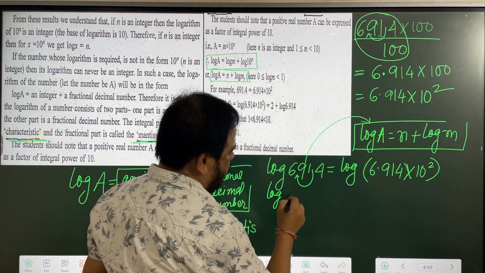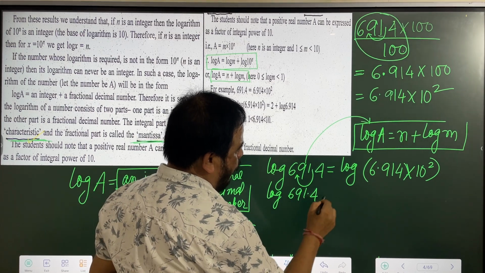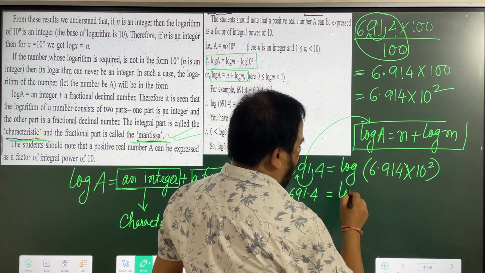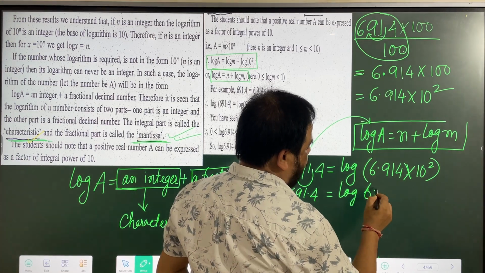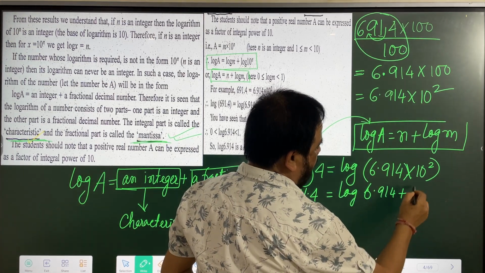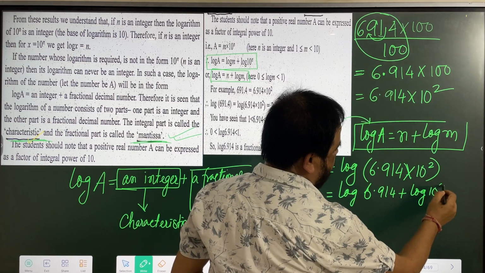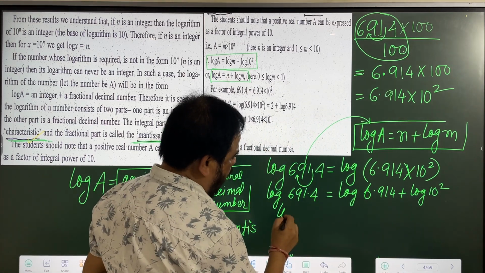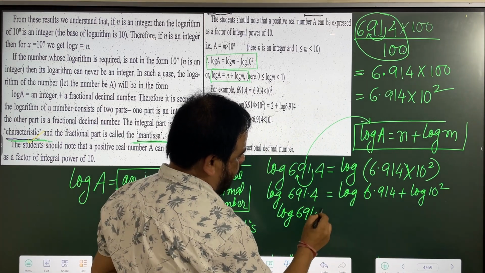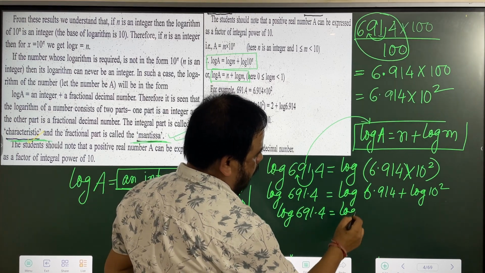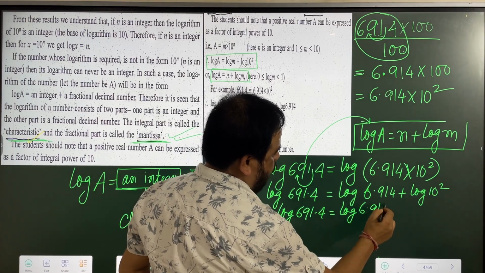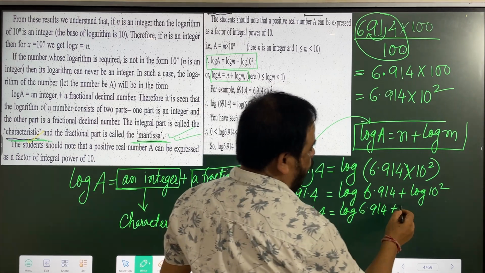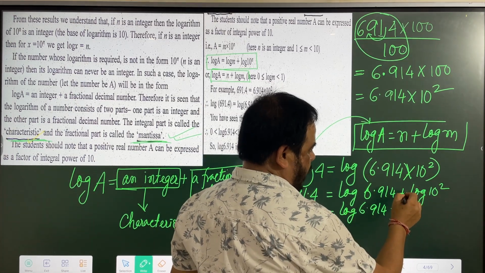Again, log 691.4 is equal to log 6.914 plus log 10 square. Again, log 691.4 is log 6.914 plus 2. 2 will come back, 2 log 10.